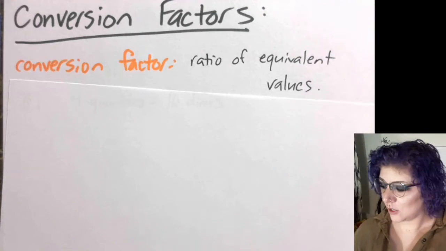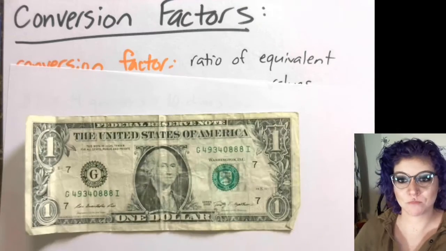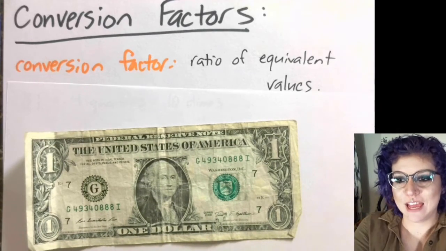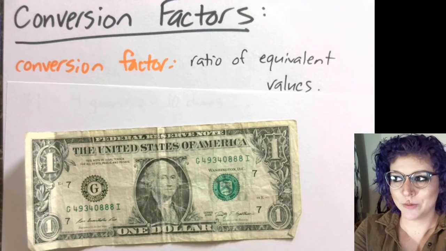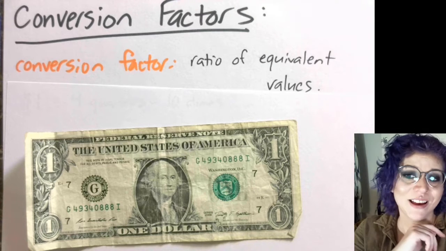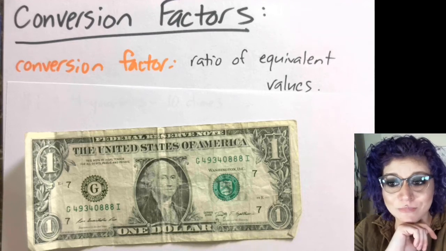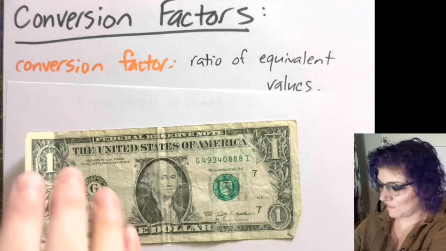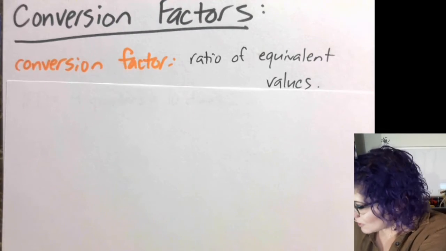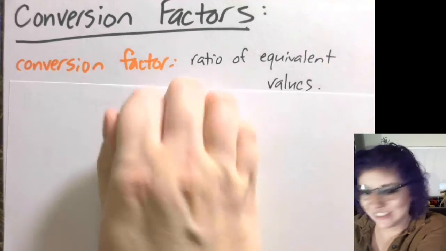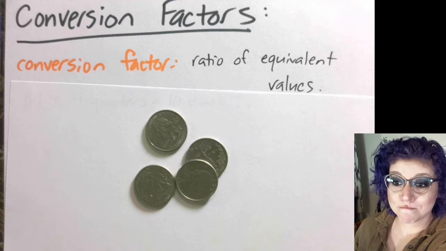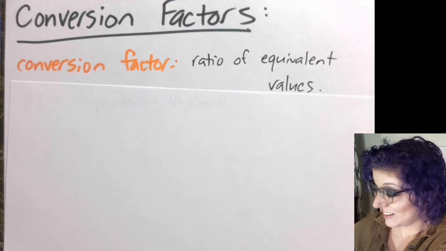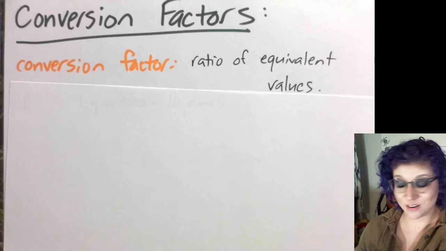So let's say you have a dollar. You go to a vending machine and you try to stick the dollar in, but the vending machine goes, I'm not taking dollar bills right now. I'm only taking quarters. Well, you know that there are 4 quarters in a dollar. That is a conversion factor.